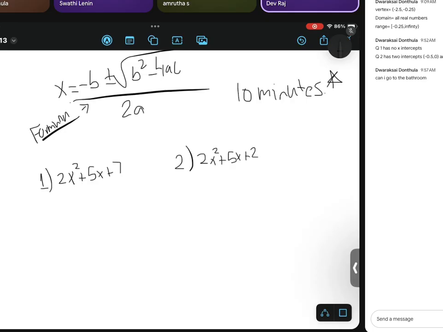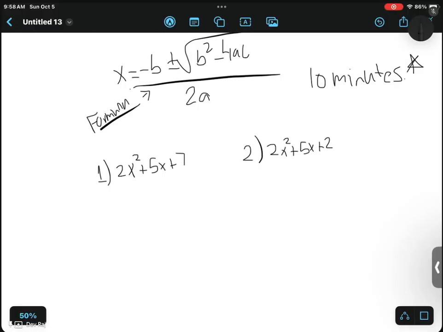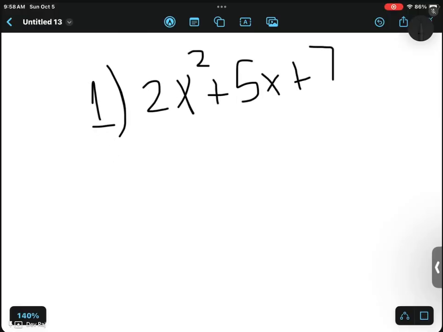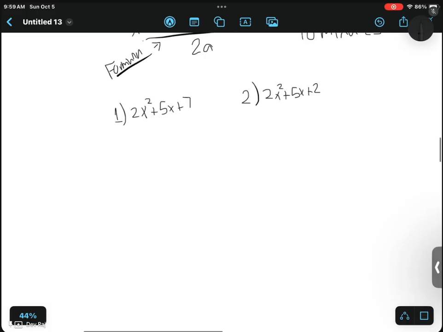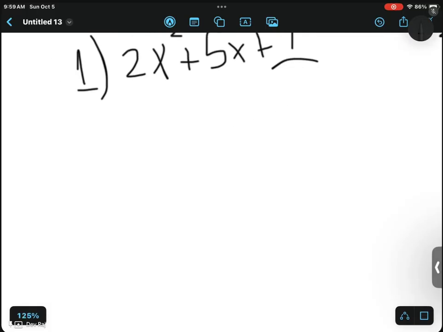Amrita, what did you get for the first one? Okay. What did you get for the first one, though? You have the same answer for both? Okay, well, let's talk it through because these have two different numbers. This one has a 2 and that one has a 7.